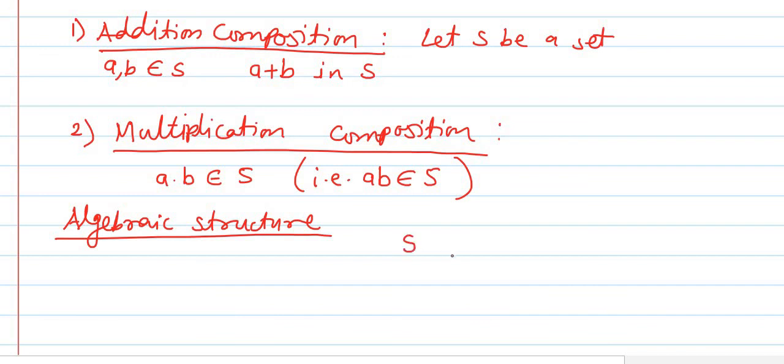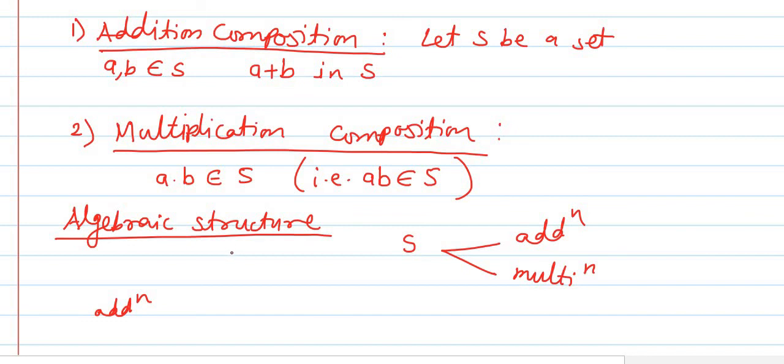So if we have the set S in which two compositions are defined, the first one is addition and the second one is multiplication, then we can say that set S possesses the algebraic structure. As we have discussed earlier, addition and multiplication are defined in the set S.